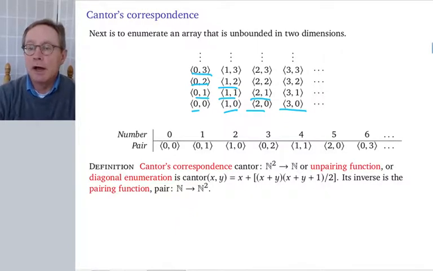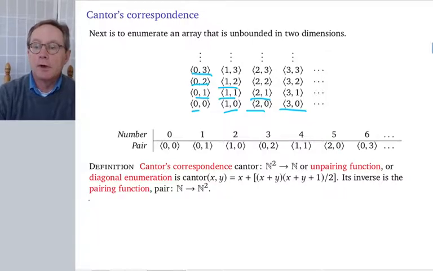Okay, I find these tables to be very handy when I'm trying to think through these problems. They're a big help. And this particular enumeration has come to be associated with the name Cantor, George Cantor. Or Cantor's correspondence. The way we're going to do it is we're going to go from the pairs up to the singles.